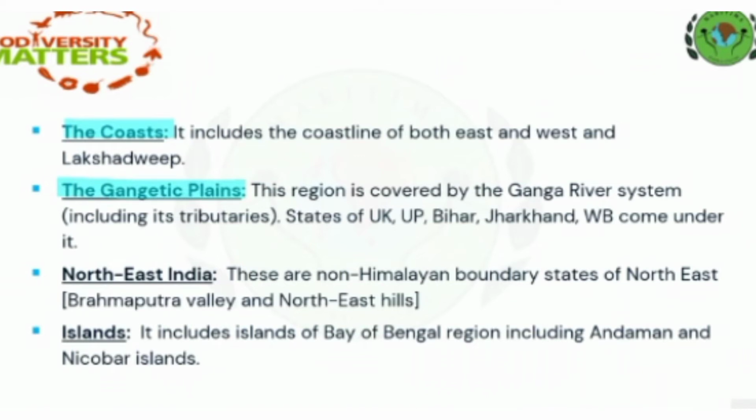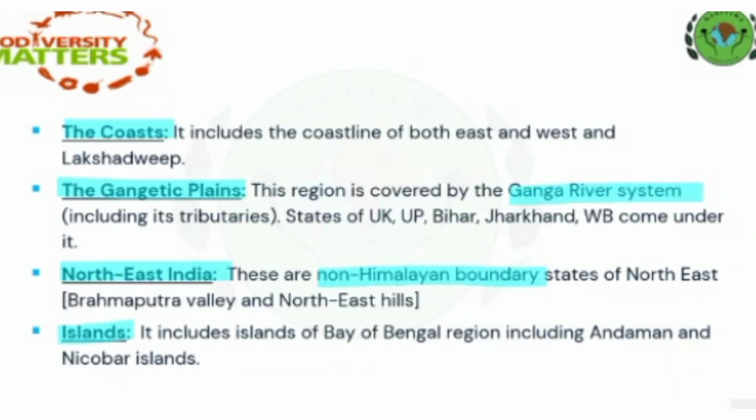This region is covered by the Ganga river system. The states which come under it are Uttarakhand, Uttar Pradesh, Bihar, West Bengal and Jharkhand. Northeast India. These are non-Himalayan boundary states of Northeast. Islands. It includes islands of Bay of Bengal region including Andaman and Nicobar Islands.